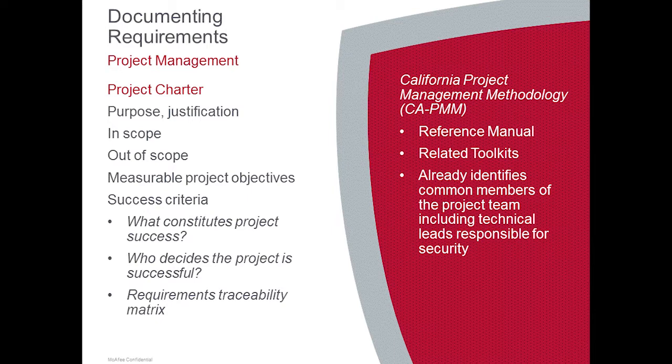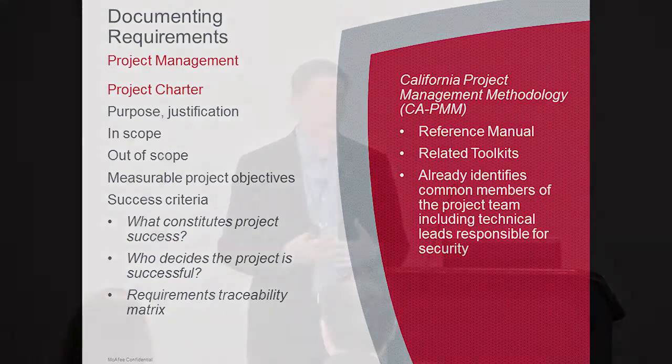It identifies which systems, which data, which agencies are going to be in scope of the project, which agencies, data, and systems are going to be out of scope or moved into subsequent phases. That, once again, allows us to iterate through a deployment of a system.